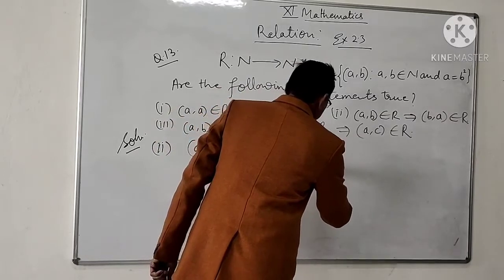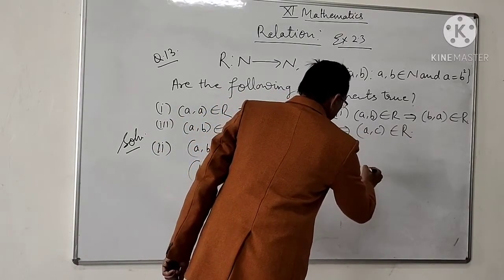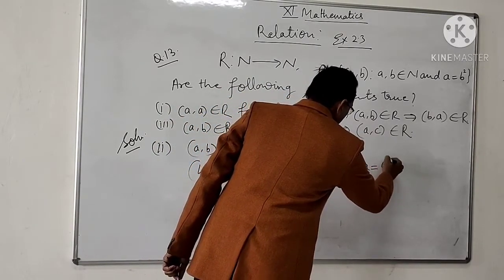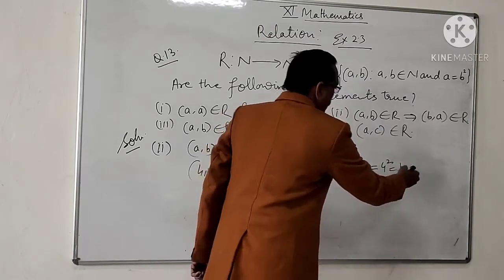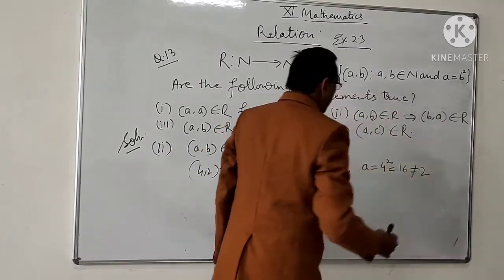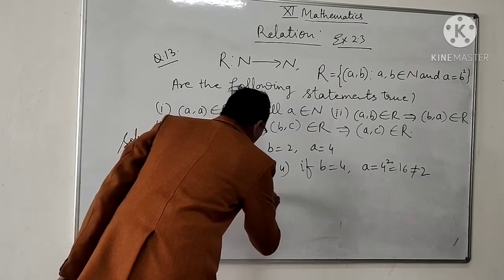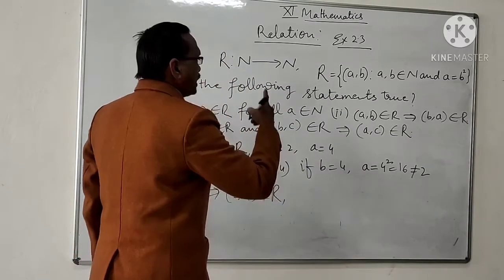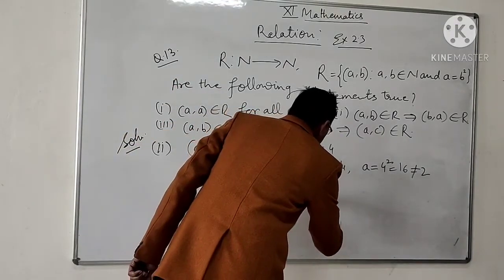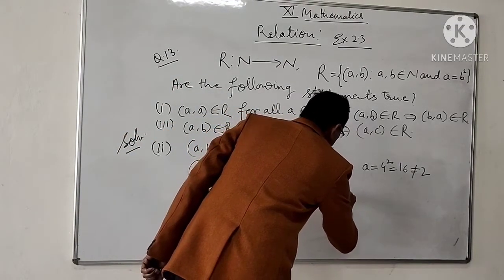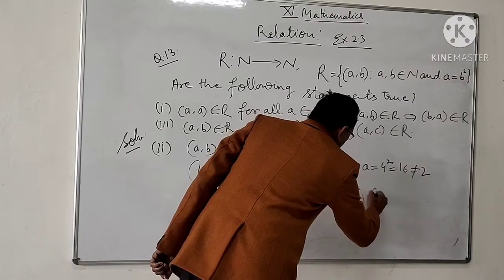If B equals 4, then A equals 4 square, which is 16, not equal to 2. Therefore, (2, 4) does not belong to R and the statement is false.